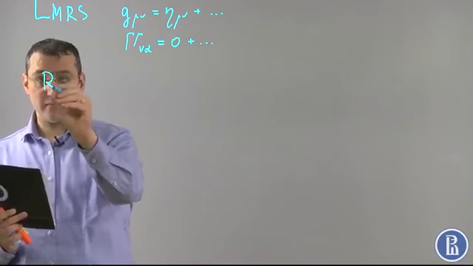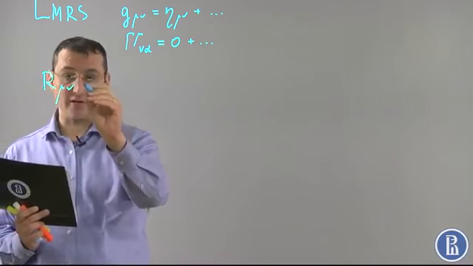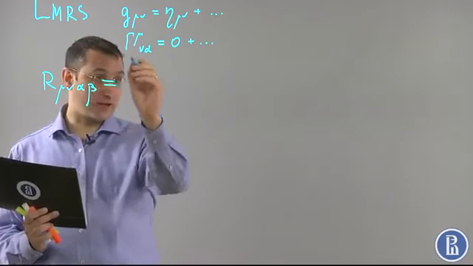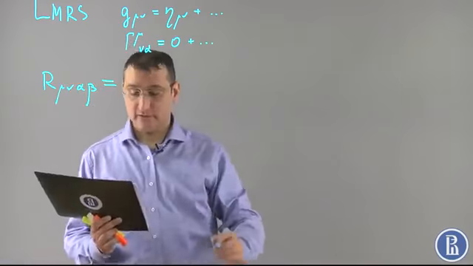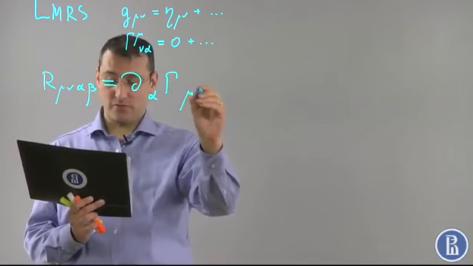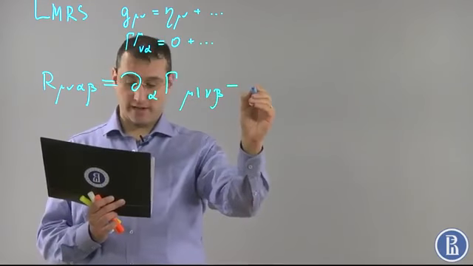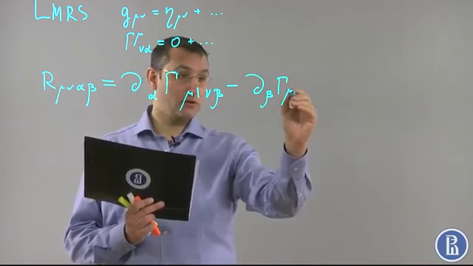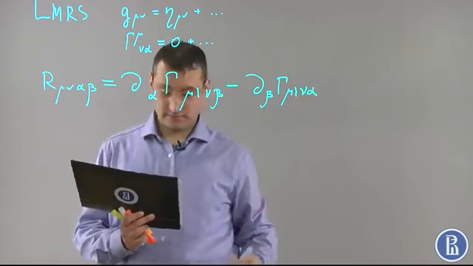Then the Riemann tensor, from its definition, because Γ is 0 but its derivatives are not necessarily 0, is ∂_α Γ^μ_{νβ} minus ∂_β Γ^μ_{να}.